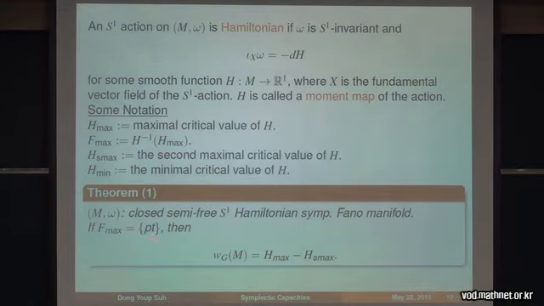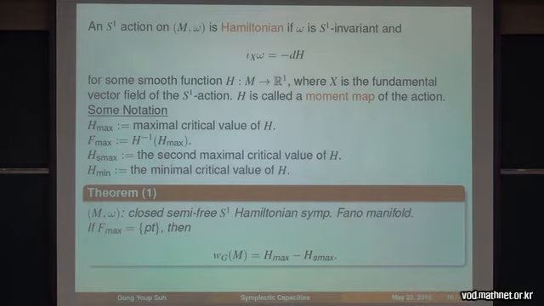Moreover, I need one more condition: for H max, the inverse image has just one point. In other words, this manifold has to be something like going down, and then you have only one maximal fixed point here.